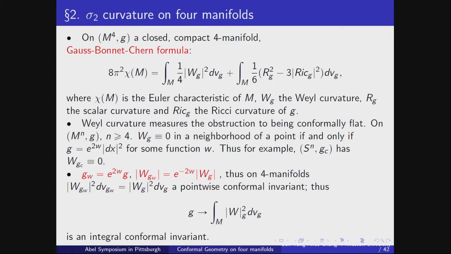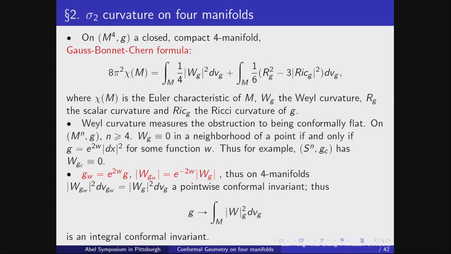On the left-hand side is a topological quantity, so it's invariant under conformal change. On the right-hand side, there are two terms. One is an integral, in fact pointwise conformal invariant, and the integral is a conformal invariant.